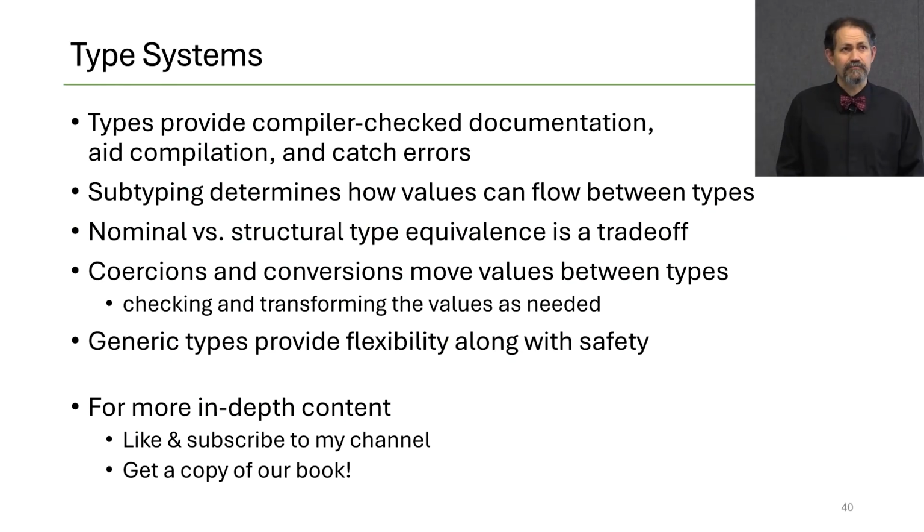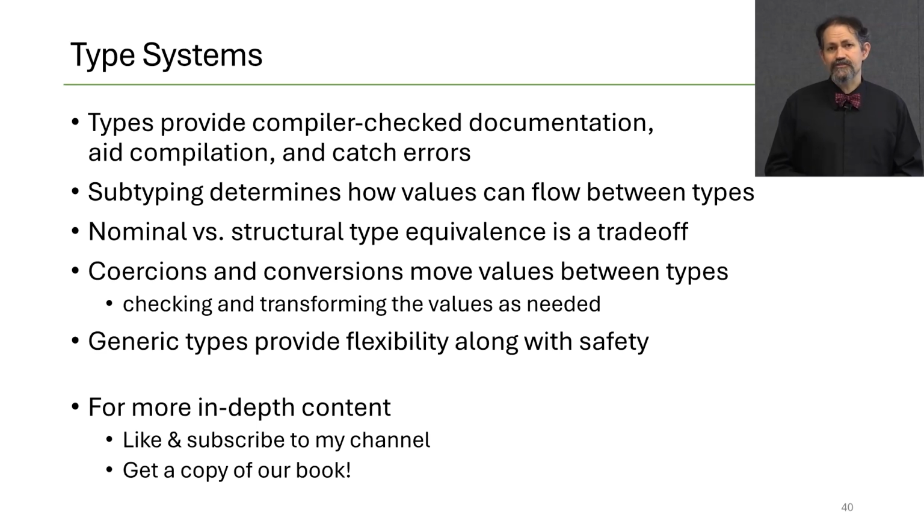Summarizing our coverage of type systems, we've observed that types provide a number of benefits. Compiler-checked documentation about what we pass in as the type parameters to functions and what they might return. Types also aid compilation by telling us what operations to use based on the data types.